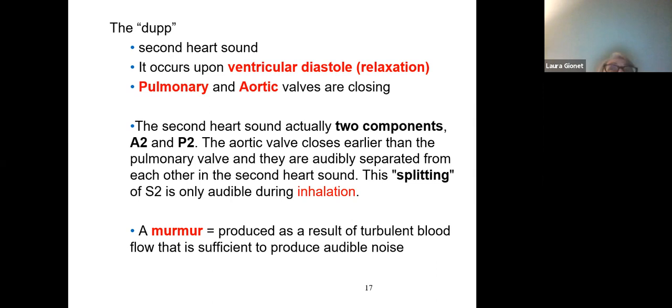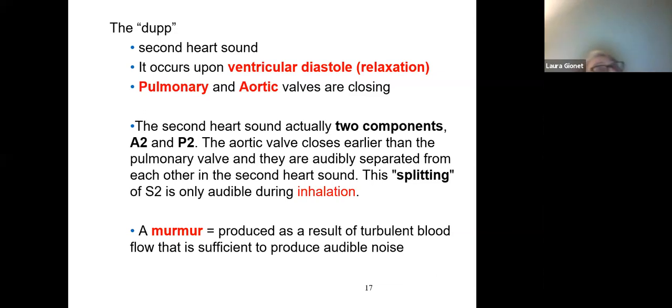So valves can either open and close normally, or they might not open entirely, which is called a stenotic valve. So instead of a door opening wide so you can walk right through a doorway, let's say when you come into your home from the outside, the door generally swings wide open and you can walk right through.